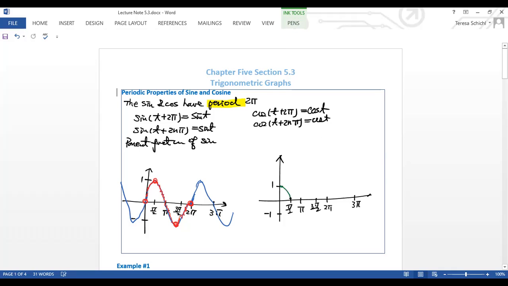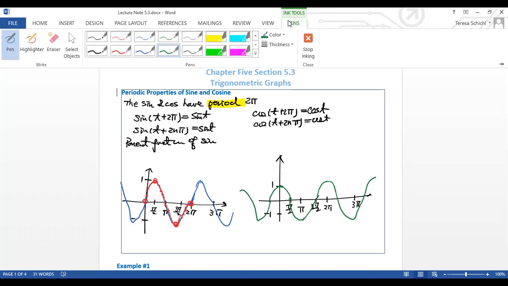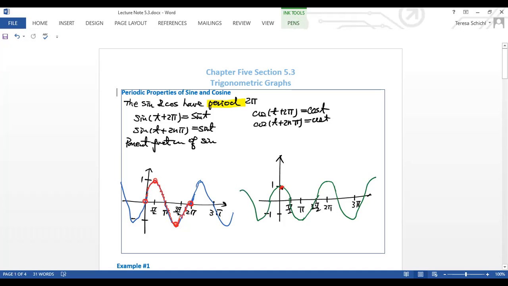It goes all the way to pi, and then if you continue, it goes down, then up. They continue going up and going down. This is the 2 pi period, the initial pattern from 0 to 2 pi. As you can see, after that the pattern repeats.